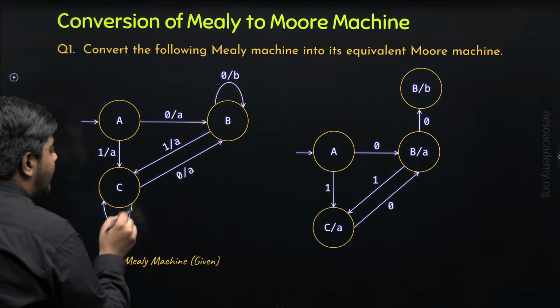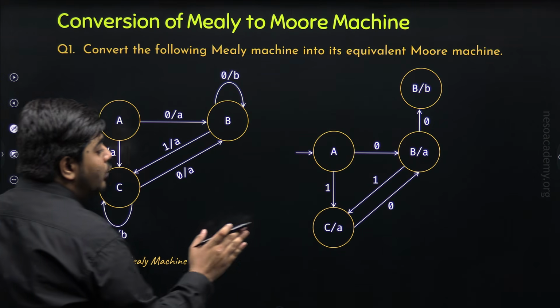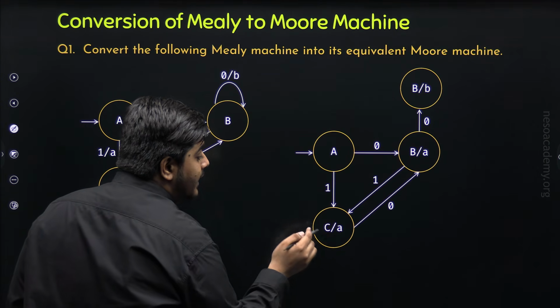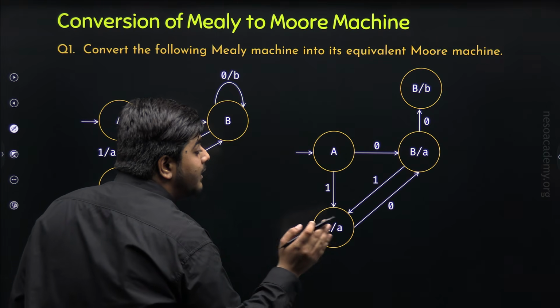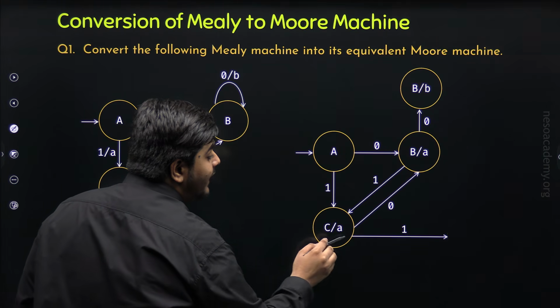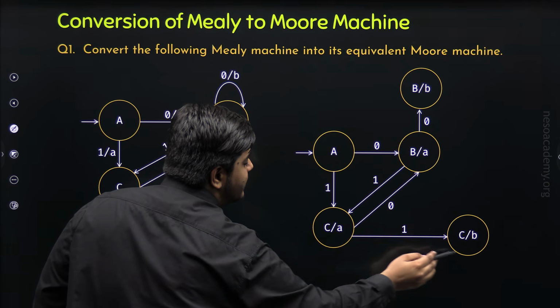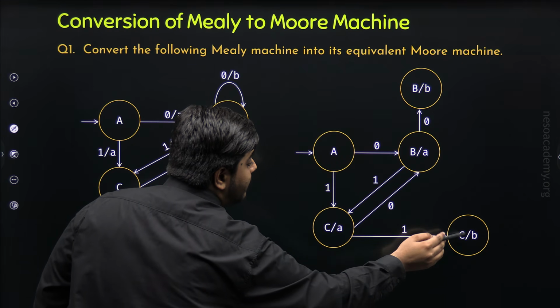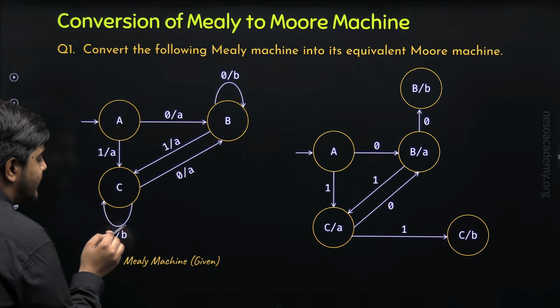That is why, to represent this transition, we need to create a separate state, that is C having output symbol B. So C, on getting input symbol 1, we will reach the state C having output symbol B, denoted by this transition.